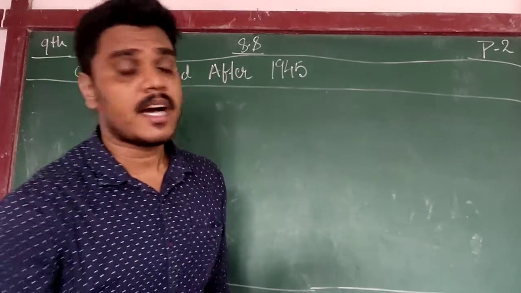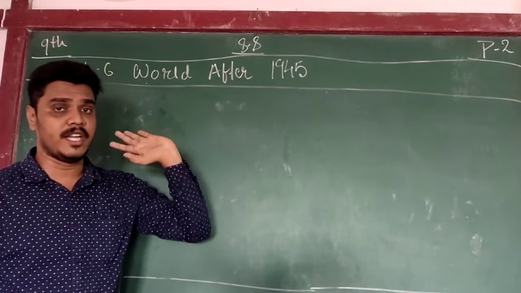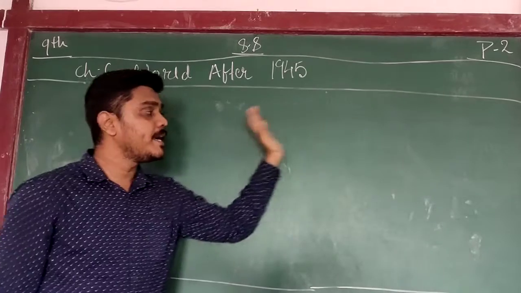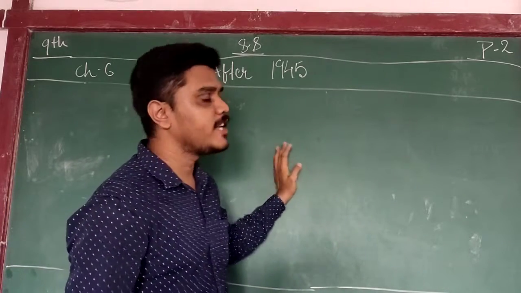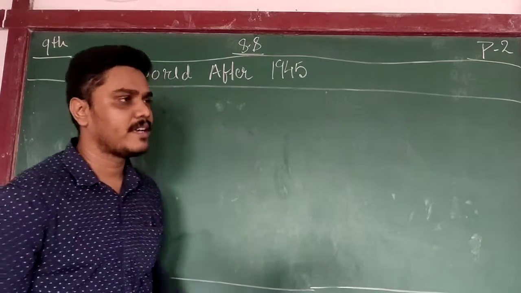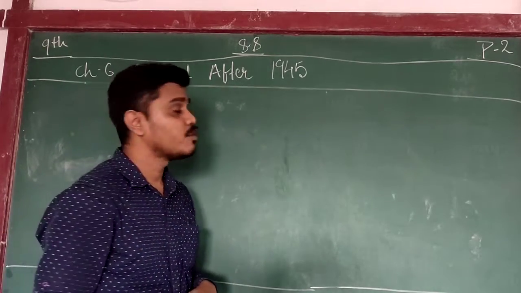Okay, so as we are going to discuss the relations, I will take the most important relations only: India and US, India and Pakistan, India and China, India and Soviet Union, that's Russia, which is also doing very well. But not more than two lines are discussed in this chapter.